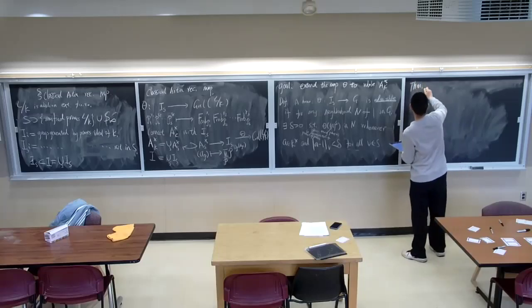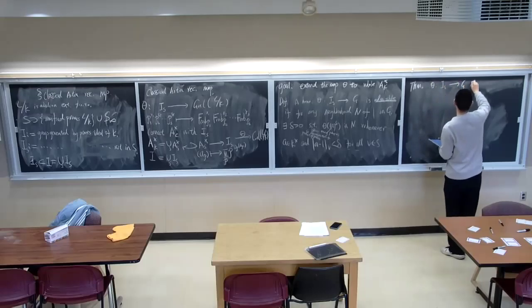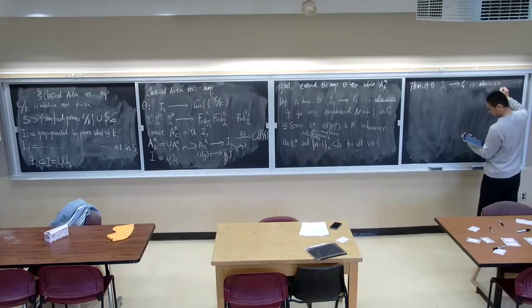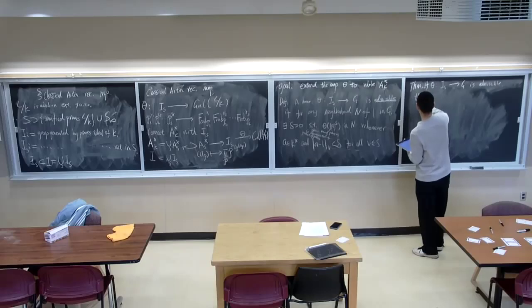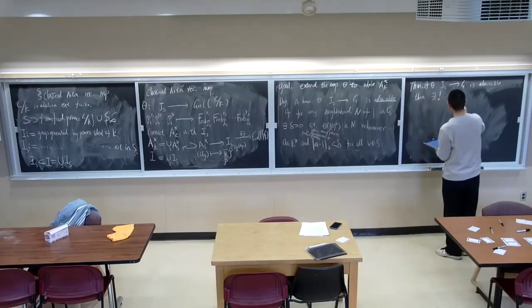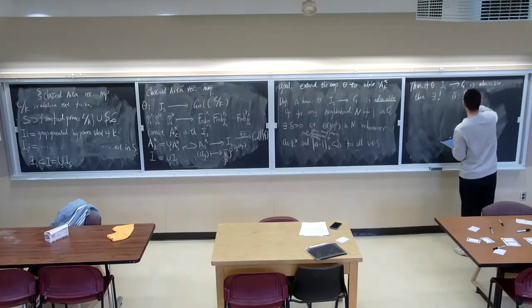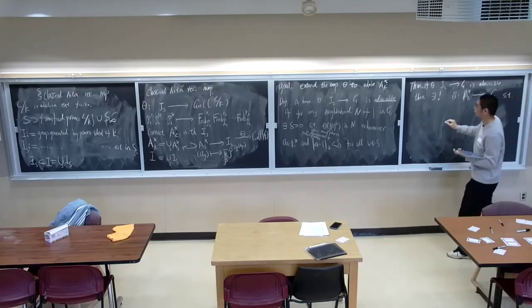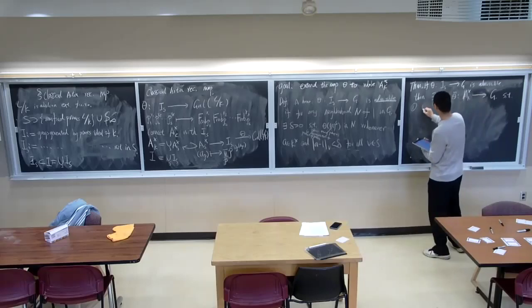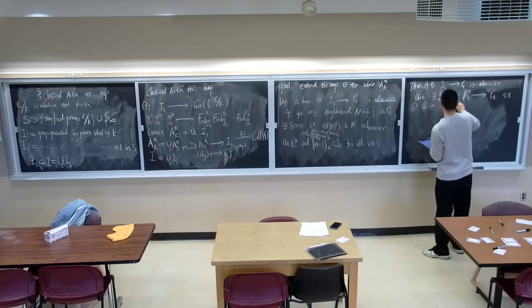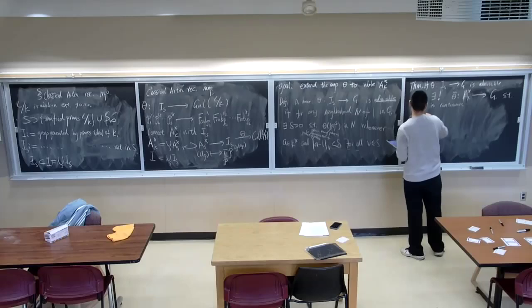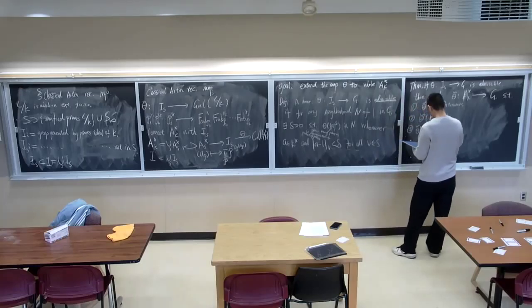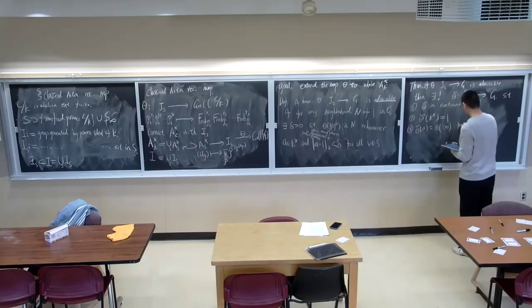So the theorem: if theta is admissible, then there exists a unique map theta tilde from A_K cross to G such that it has the following properties. First, theta tilde is continuous, and second, theta tilde maps K cross always to 1.